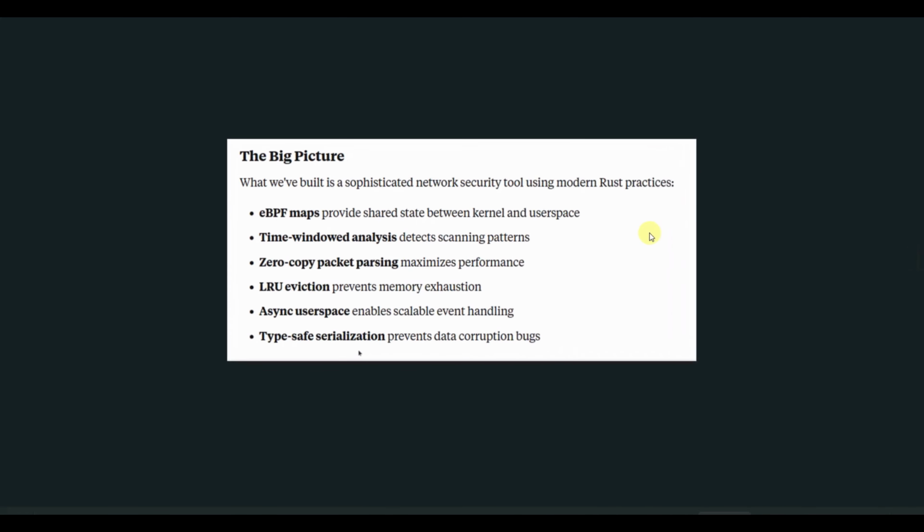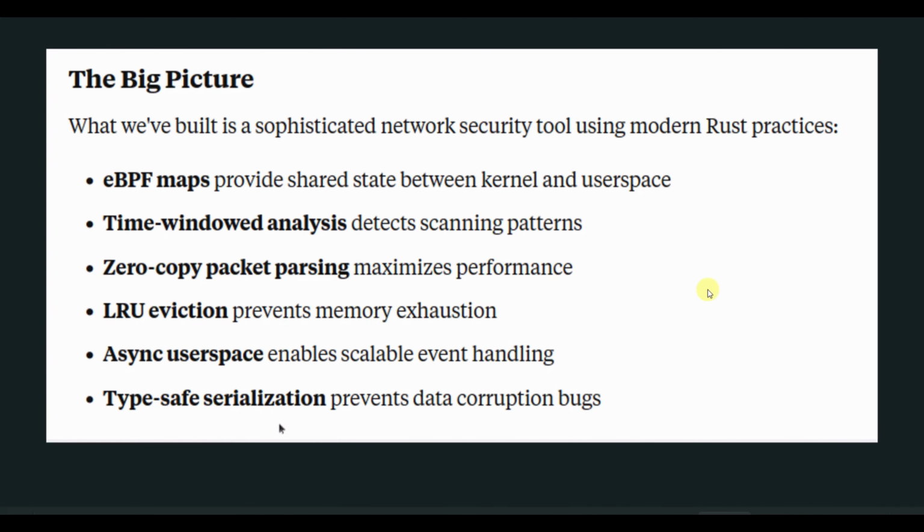And the big picture: what we built is a sophisticated network security tool using modern Rust practices. That is your eBPF maps, which provided shared state between the kernel and the user space, so the data transmission between kernel and user space was smooth. Time window analysis to detect scanning patterns, and zero copy parsing during the ctx load that we saw, which maximizes performance.